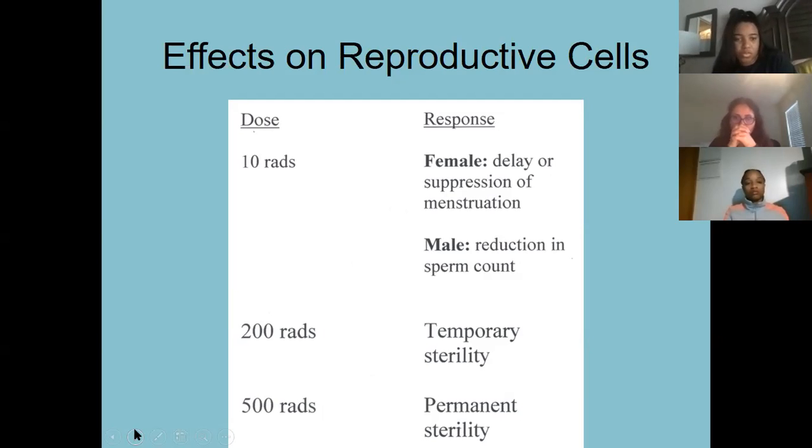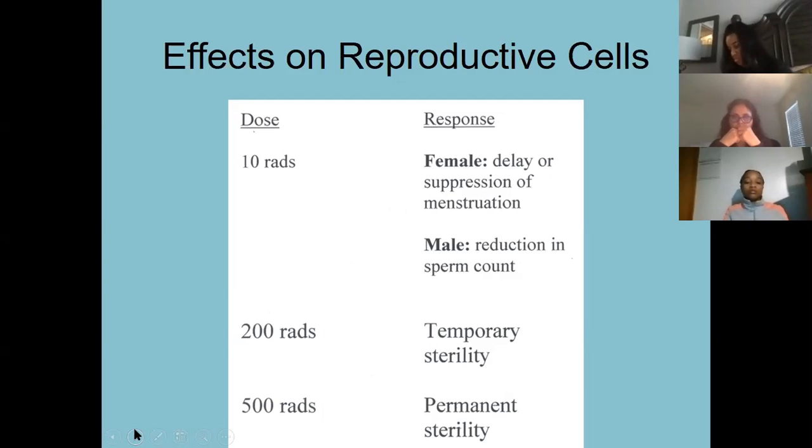How long is temporary? Well, it's going to vary, but probably for a few months, maybe up to a year. At a dose of 500 rads or 5 gray to the reproductive organs, that could cause permanent sterility.